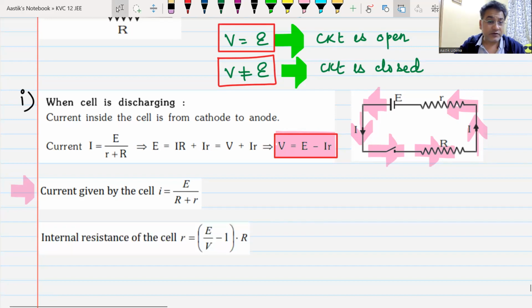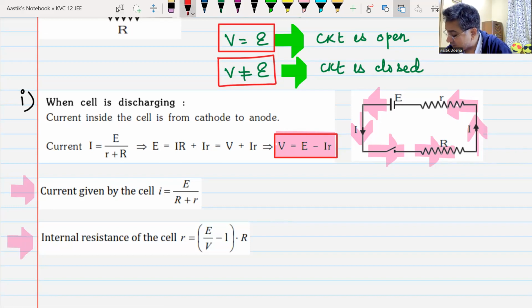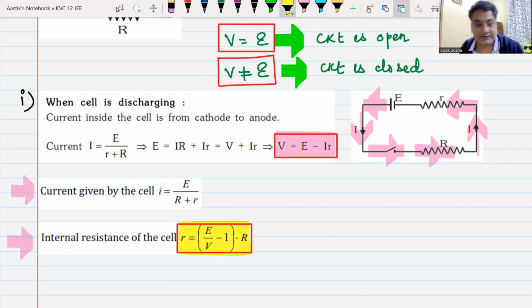The internal resistance of the battery or the cell can be given by this revolutionary formula, r equals (E by V minus 1) into R. This is what we have done in this entire exercise. Are we able to understand and correlate?